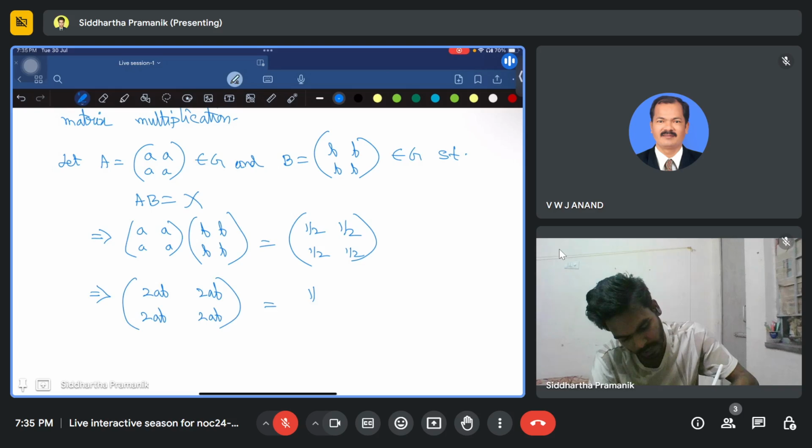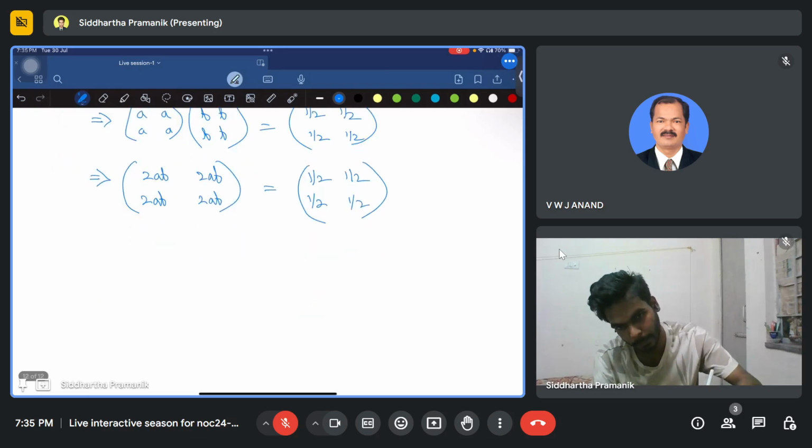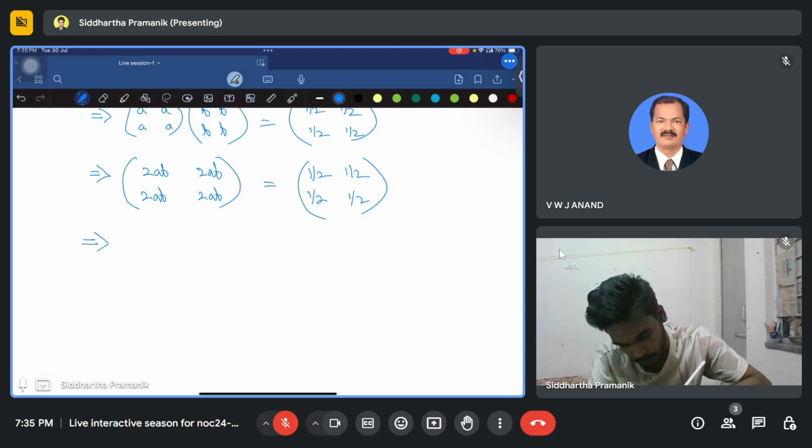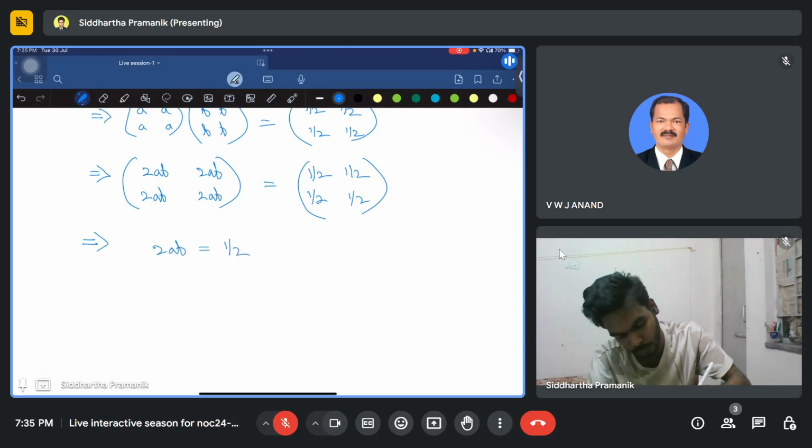So this should be the same as the identity element, not matrix here. So if we compare entry wise, then it should be 2AB equals 1 by 2. So that means B should be equal to 1 by 4 times A.